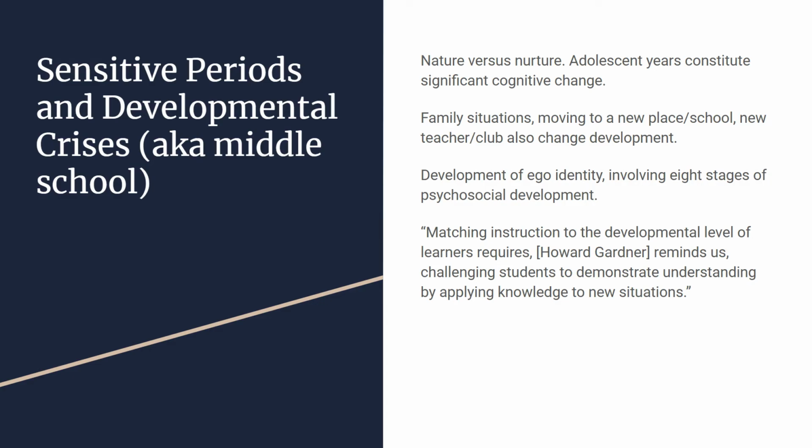What they really talk about is that with developmentally appropriate practices, in this period of time when you're teaching kids, it's about this quote here: matching instruction to the developmental level of learners requires, Howard Gardner reminds us, challenging students to demonstrate understanding by applying knowledge to new situations. So it's not about avoiding these situations, but about embracing this period of time and figuring out how, as educators, to cater to it.